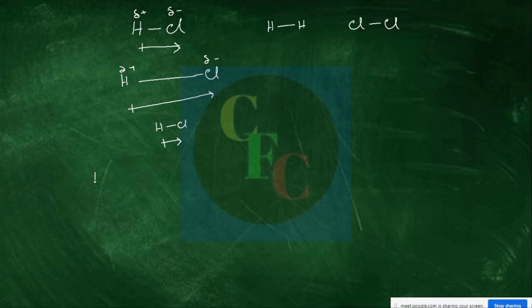Now I write the HCl again. Suppose I ask you to point out the coordinates of H and Cl. You can do it in three-dimensional space, by placing the coordinates: suppose x1, y1, z1 for hydrogen, and x2, y2, z2 for chlorine.